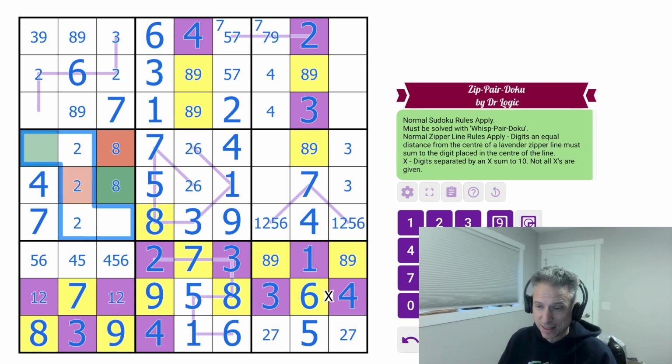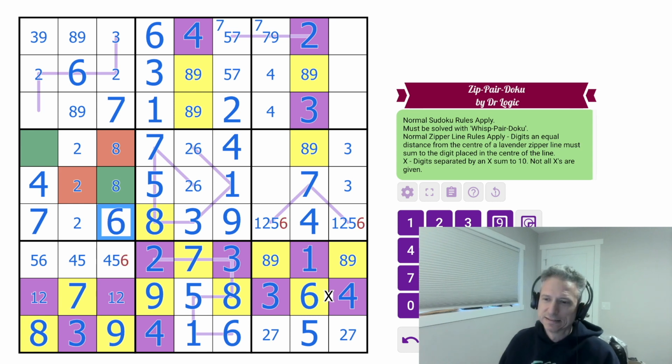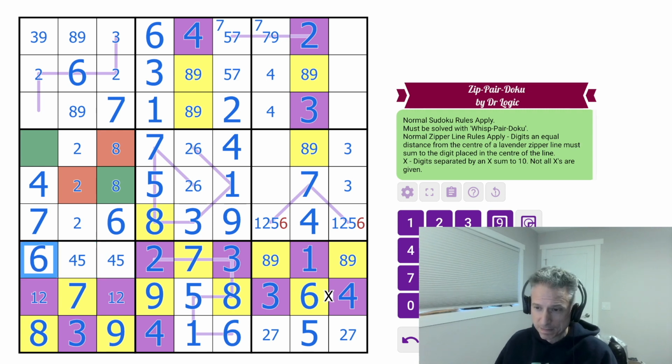We know we have another digit, but 6 in box 4, like I've said, cannot go in any of those parity digits, and we know it can't go now in cells 2 or 8 because of Sudoku, which means 6 goes in box 4, cell 9, which gives us information about your zipper line in box 6 and also resolves the 6 in box 7.